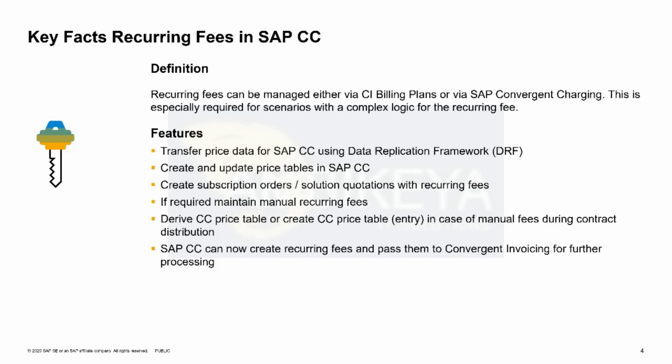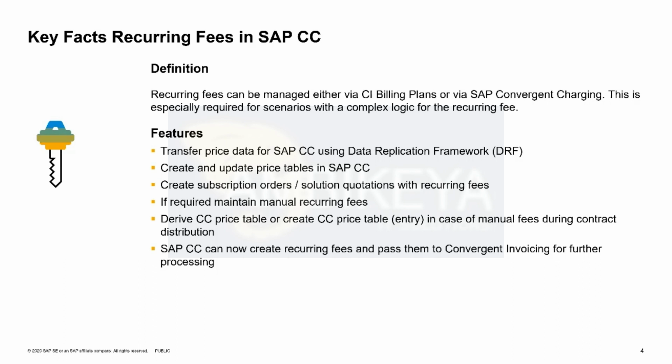That's a new framework which we now can use in S4HANA and which we use more or less as a replacement in this case for the former middleware. It's not a generic middleware replacement, just to be clear, but for this case, we replace the middleware by data replication framework. We can create and update price tables in SAP conversion charging.